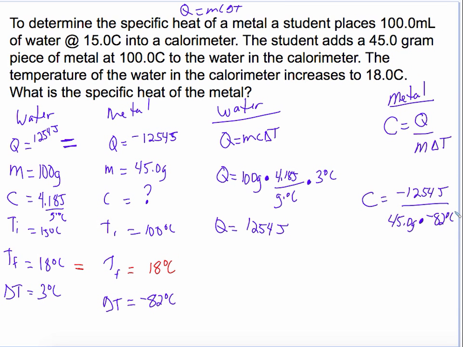So if we take 1254, divide by 45, divided by 82, I end up getting that the specific heat of this metal is equal to 0.33 joules per gram degrees Celsius. Okay, two negatives make a positive. Your C values will always be positive. Remember when you're pushing the buttons on the calculator, you would take 1254 divide by 45, divide by that 82.